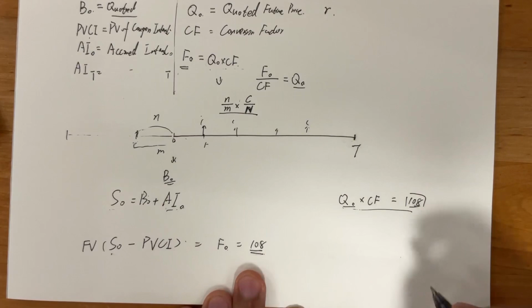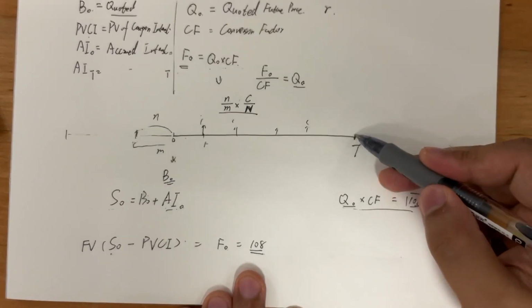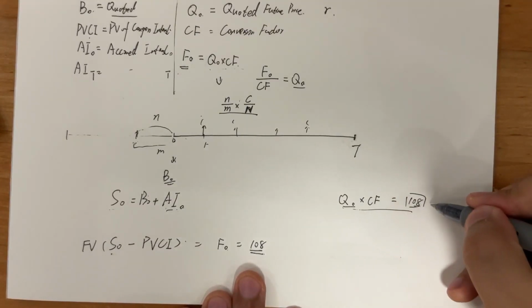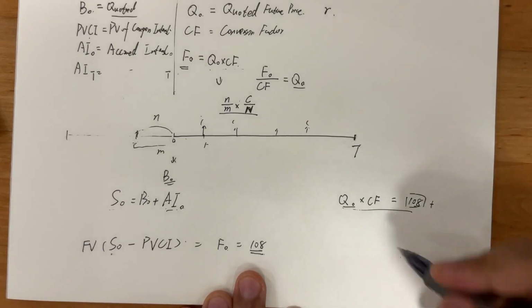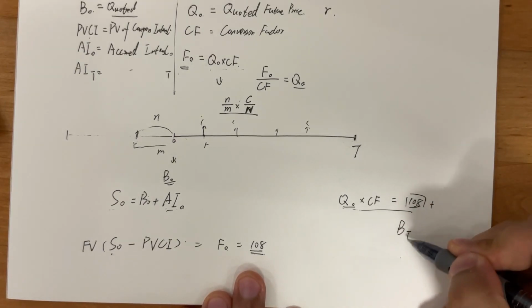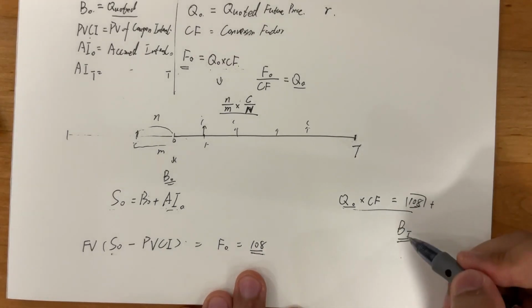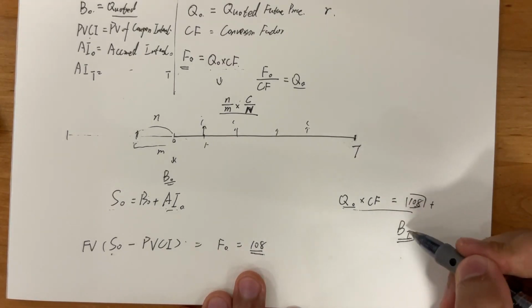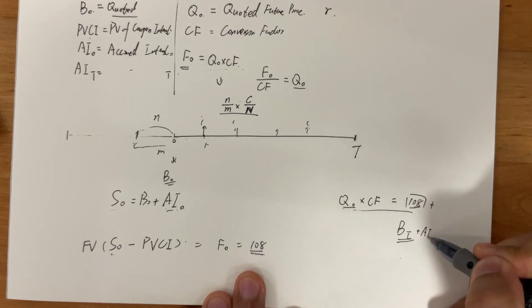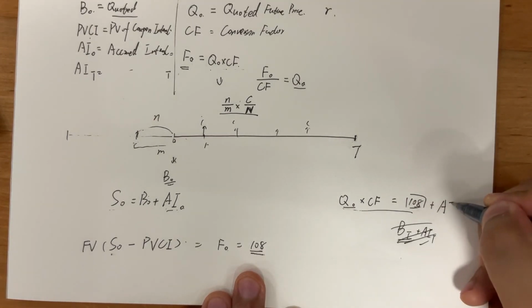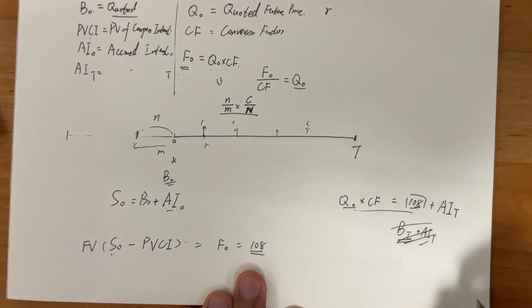But here's the catch. You calculate that, but you have to consider this is the quoted price. It's a clean price. You have to consider the accrued interest at time t. So you have to add in the accrued interest at time t as well.